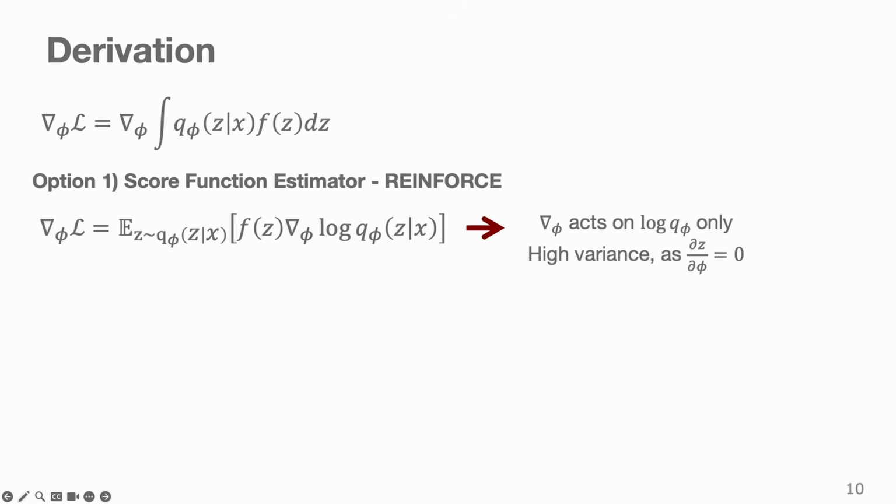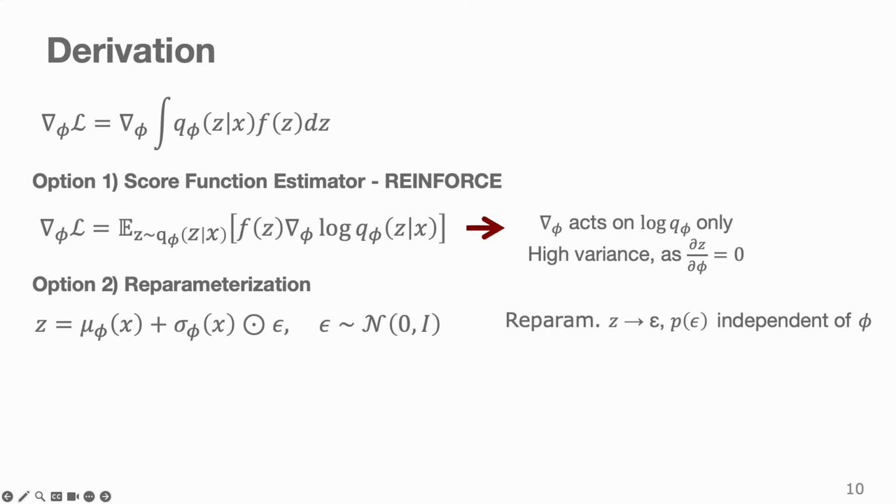And the second option is the reparametrization trick that we just covered, where by rewriting and substituting Z with the formula from the previous slide, we can see that P of epsilon is now completely independent of phi.